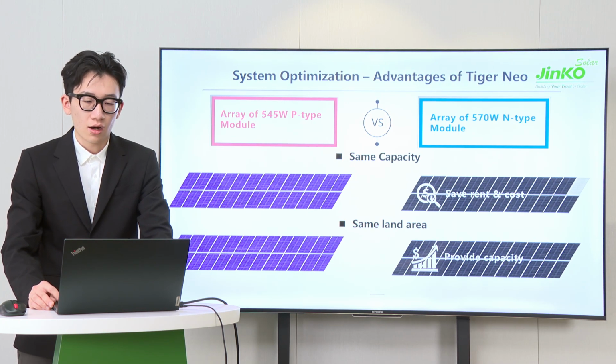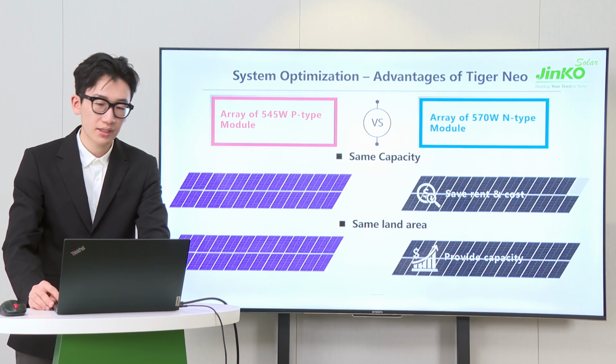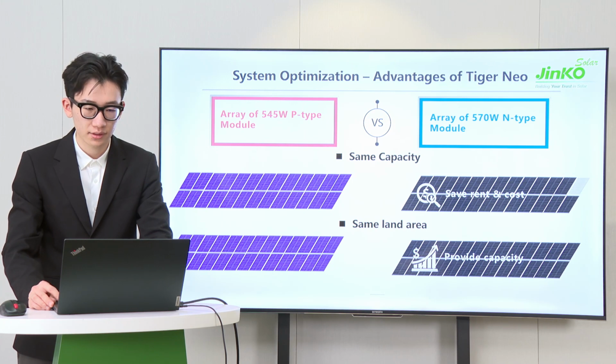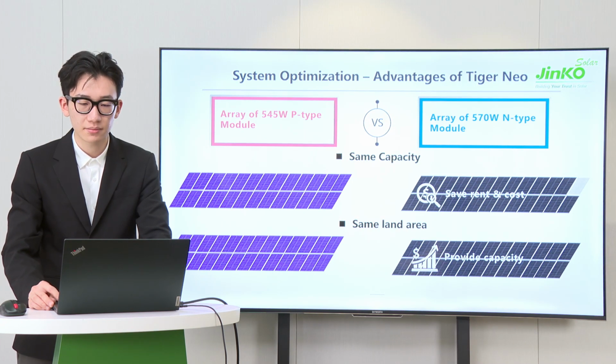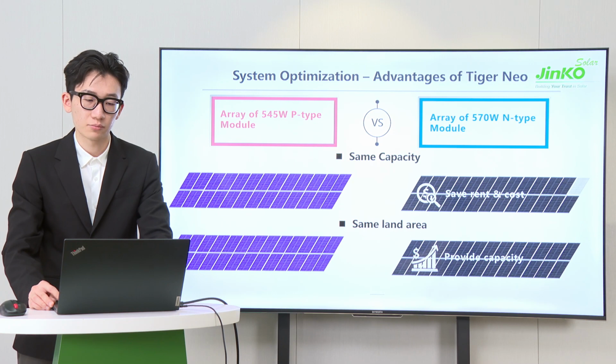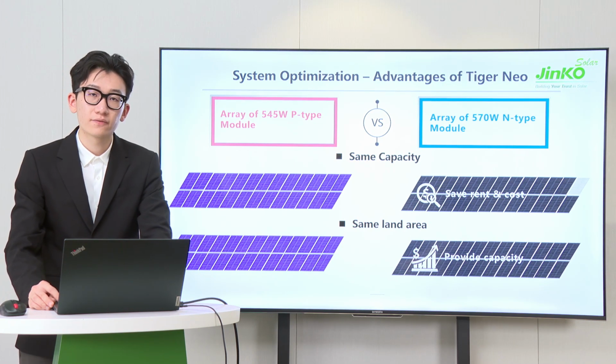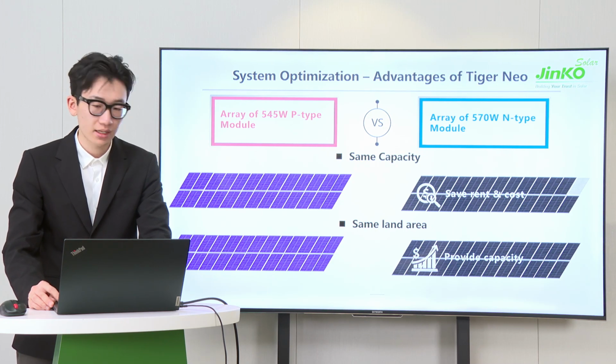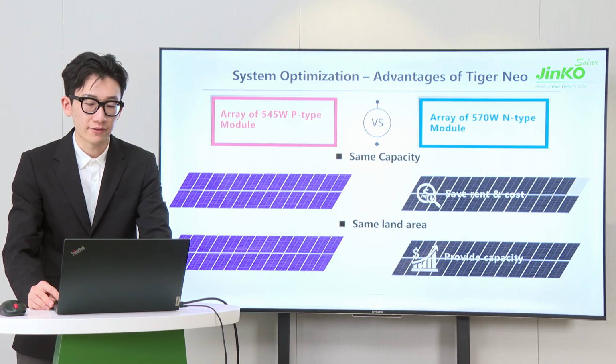For the condition of the same capacity, it can be clear that compared with the P-type string of 26 modules, the N-type string of 25 modules can achieve the same capacity, considering that the size of a 72-cell solar module is about 2.6 square meters. For a 500 kilowatt project, adopting N-type rather than P-type can save about 104 square meters of land area.